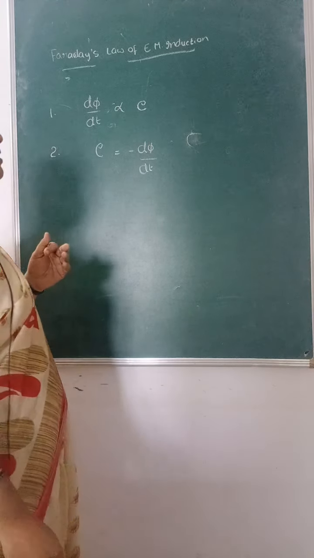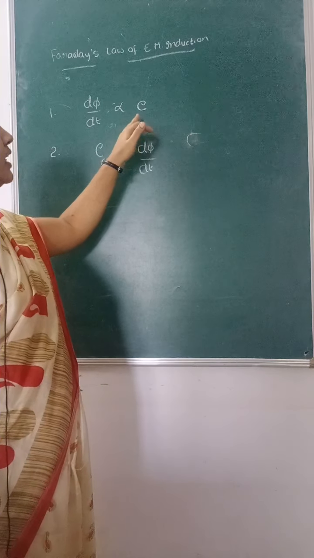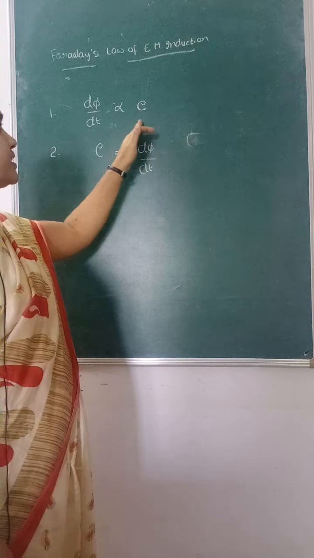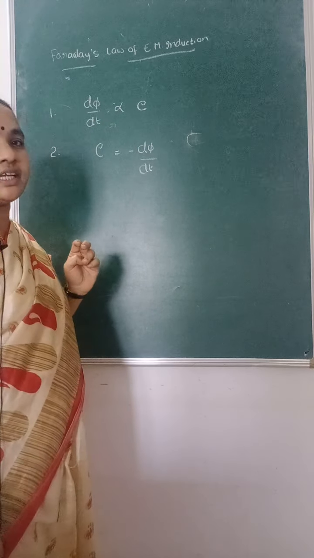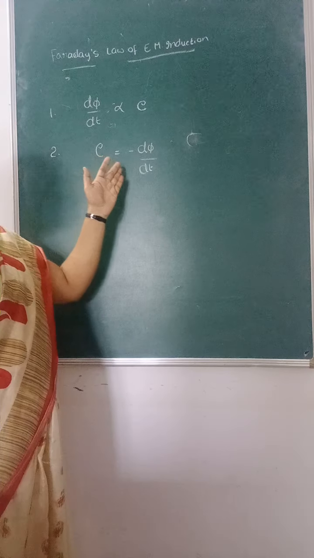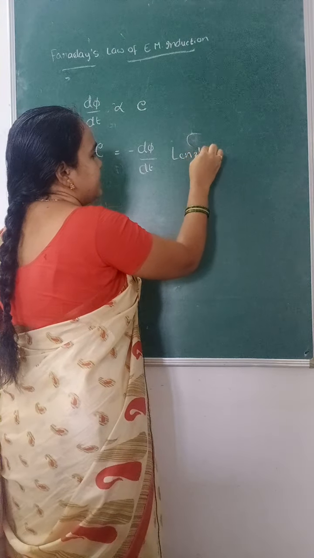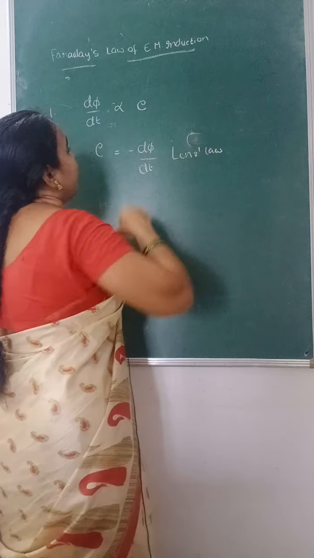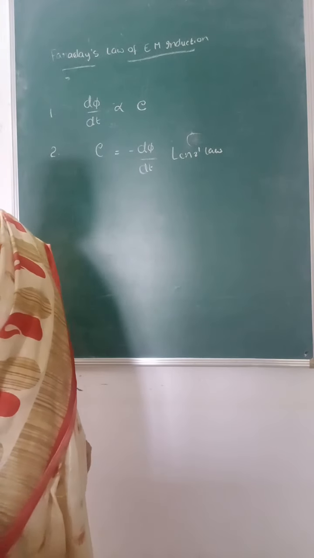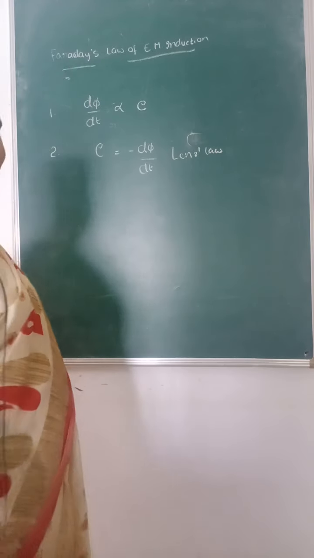The electromotive force induced in the circuit is directly proportional to the change in magnetic flux linked with the circuit, with a negative sign. So these two are the primary laws of Faraday's electromagnetic induction.